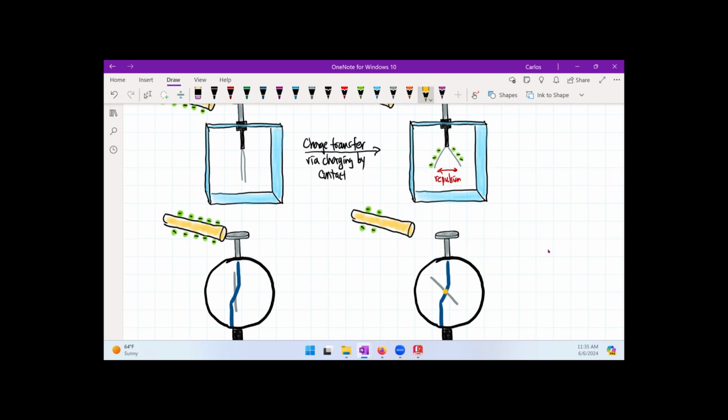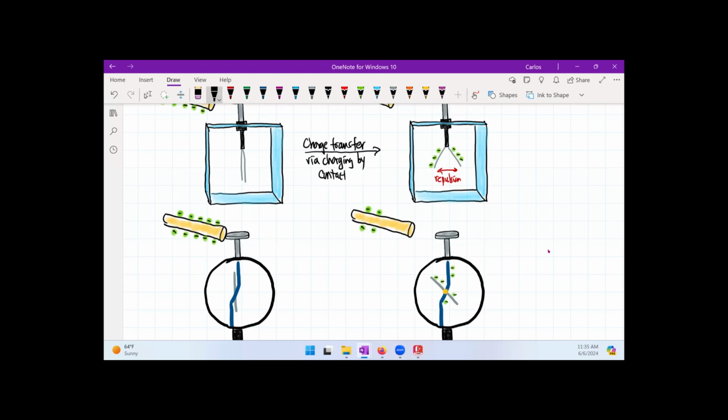And the reason why they repel is because charges here are also charges on the blue part of the rod. In other words, these guys continue to move until equilibrium.